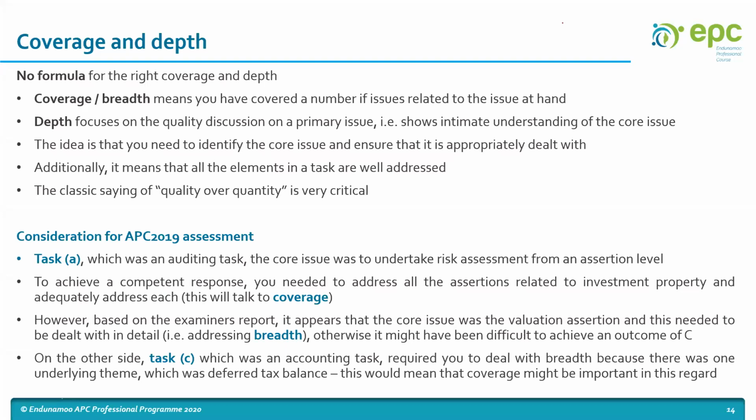Then I went to the examiner's report and asked, okay, examiner, what were you looking for? The examiner said that to achieve a competent response, candidates needed to address all the assertions related to investment property and adequately address each.